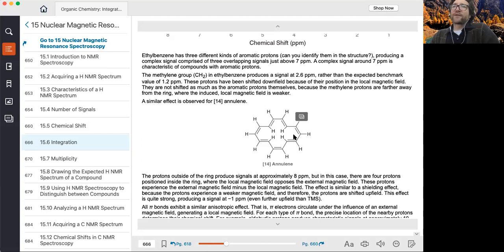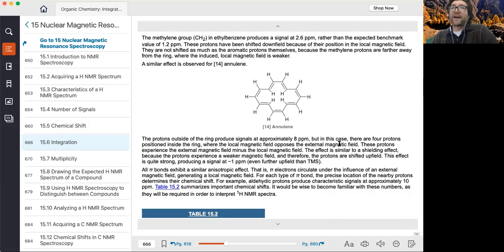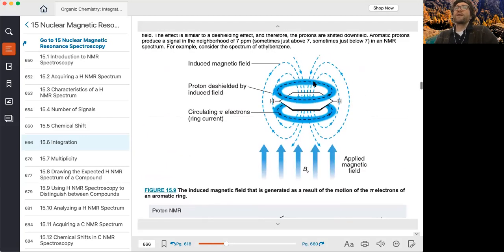So the differences here are huge, and that's because of the anisotropic effect of the ring current. That's what we call this magnetic field that's generated: the ring current.